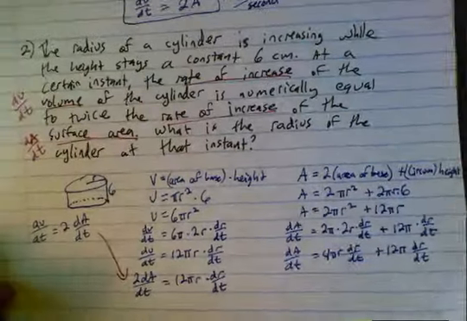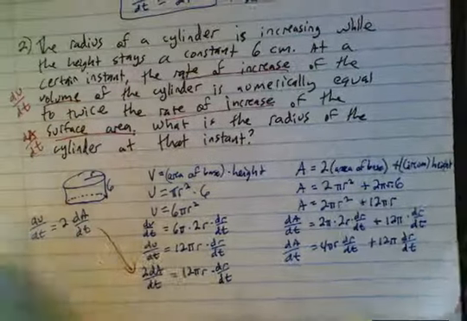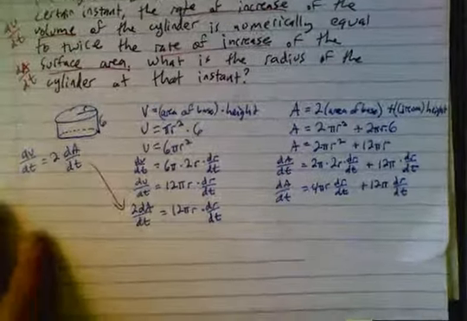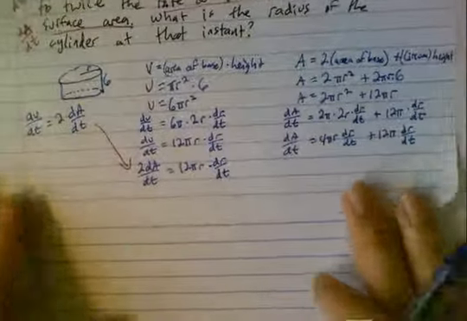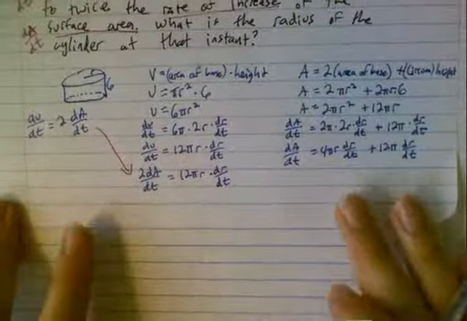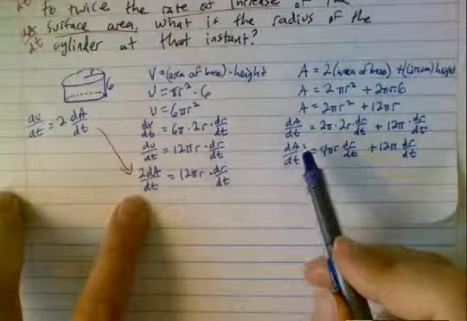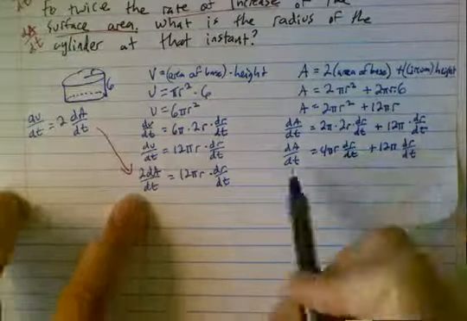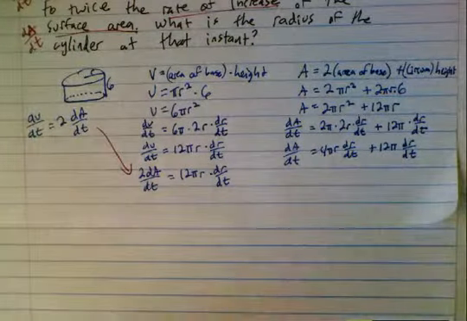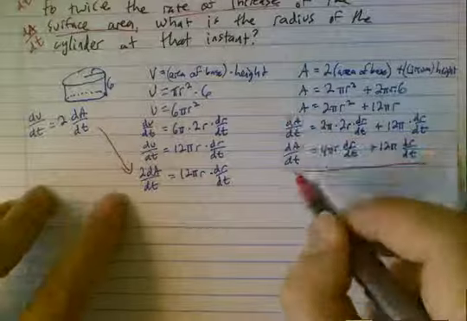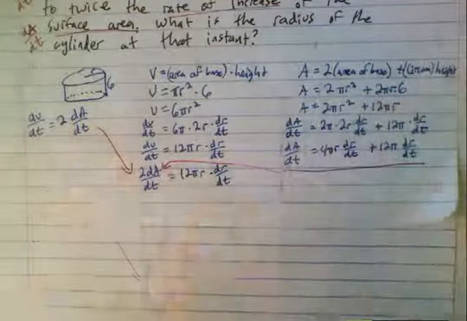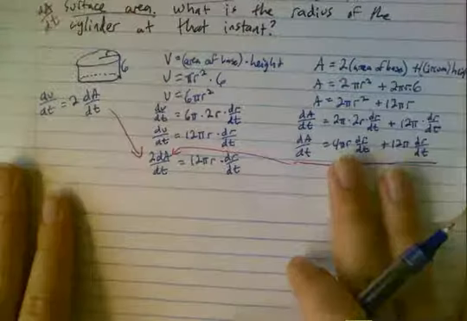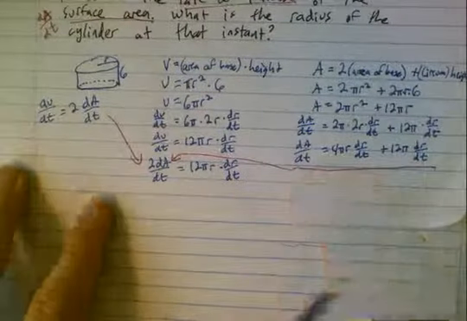Let's see where that gets us. Well, notice that we've got a dA/dt over here and a dA/dt over here. So that means that we can substitute all of this right into here if we like. That gets rid of another variable.